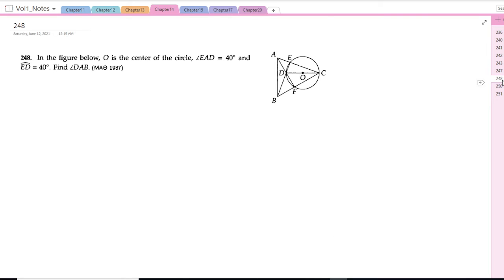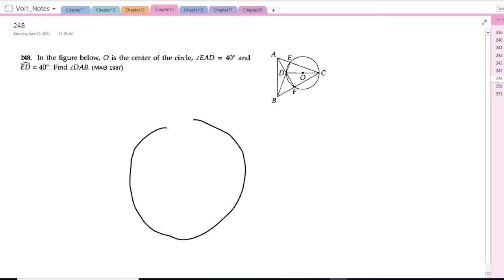Yeah, so the next problem, let's draw the figure. It's centered at O, right? So CD is the diameter.